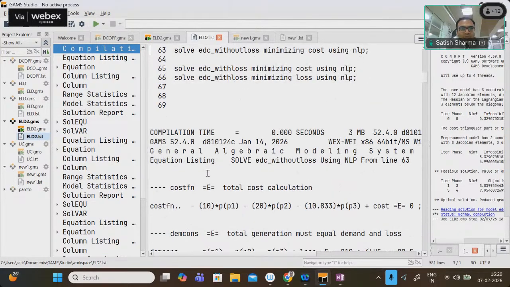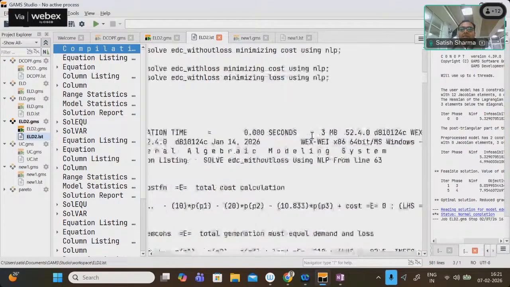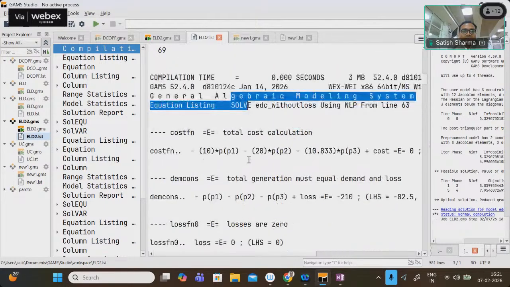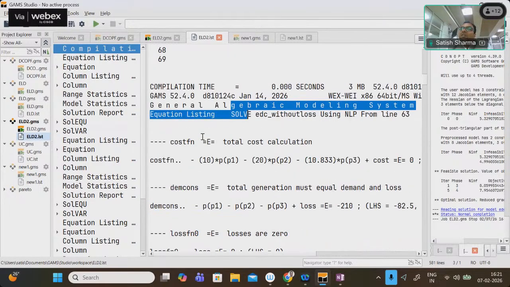Then some information will come, and it says that the compilation time is almost 0 seconds. Some information about the solver, and like this information, like message from the GAMS. Then whatever we have defined, the different equations, it will write down how it understands and how it interprets those equations.